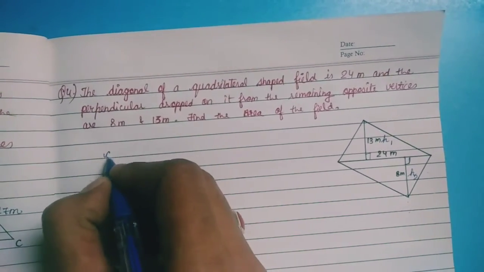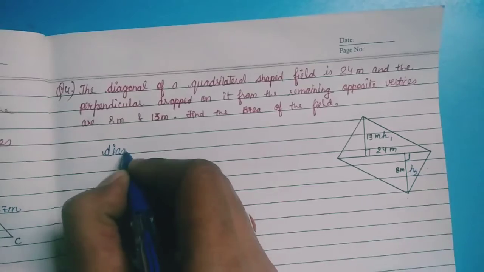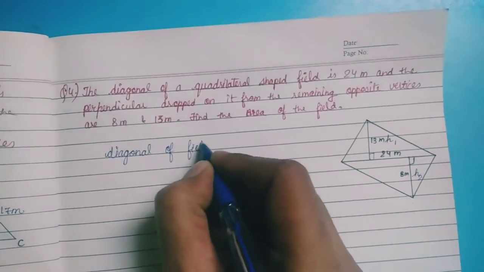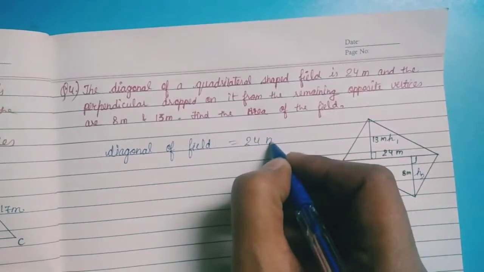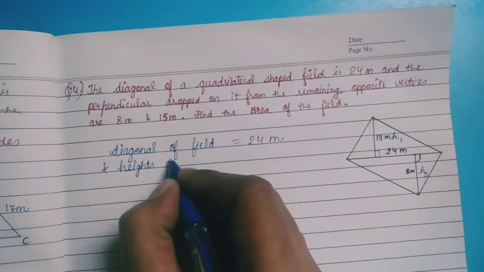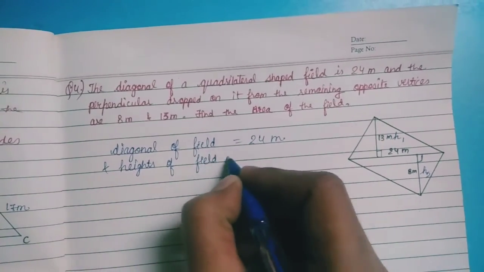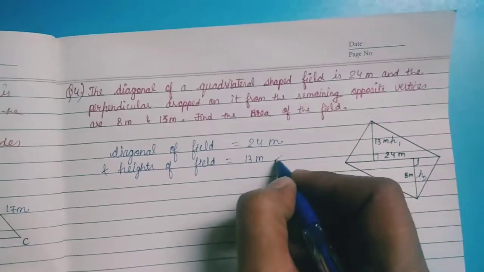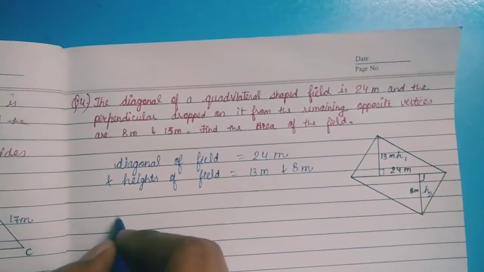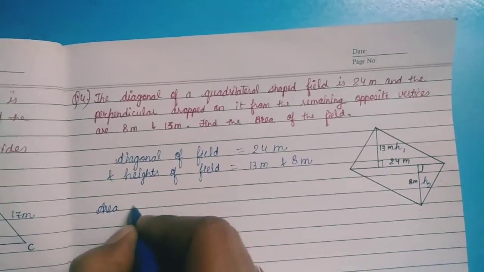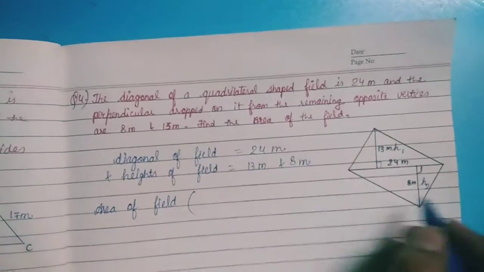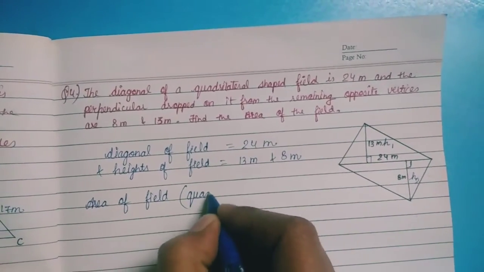So simply we will write: diagonal of field is 24 meter and heights of field are 13 meter and 8 meter. So we can easily take the area of the field, and the field is in the shape of a quadrilateral.